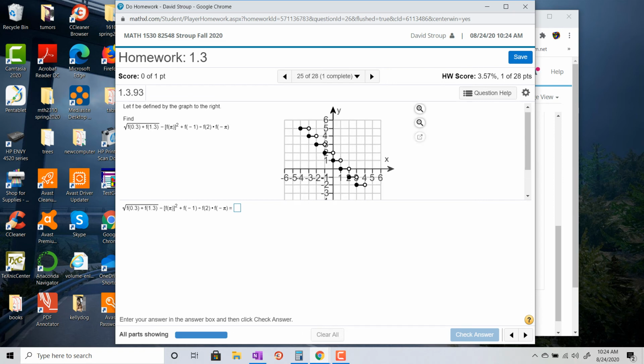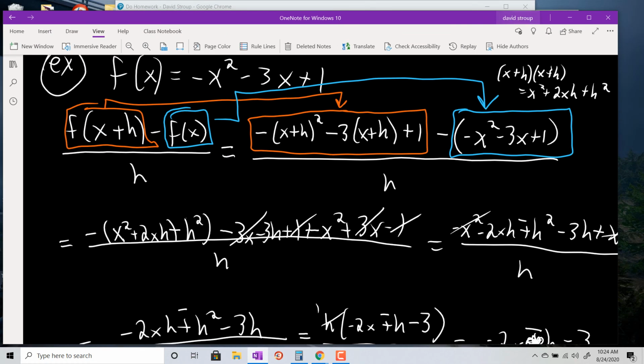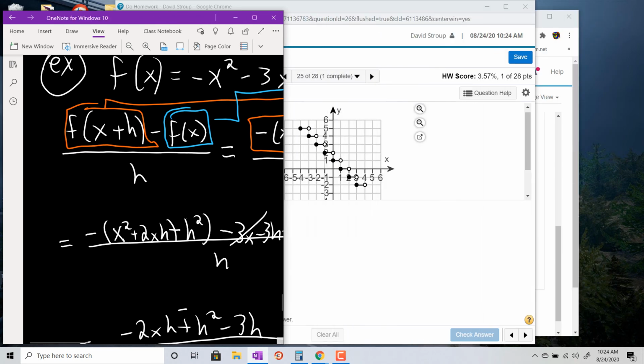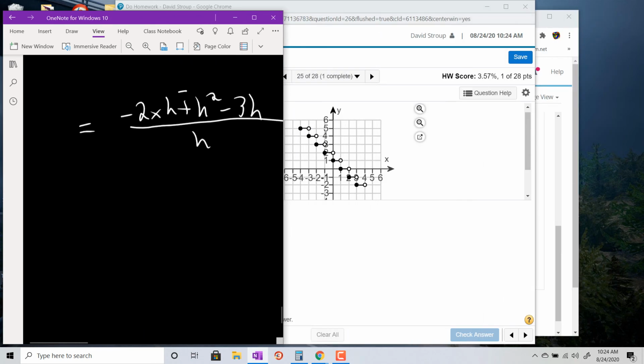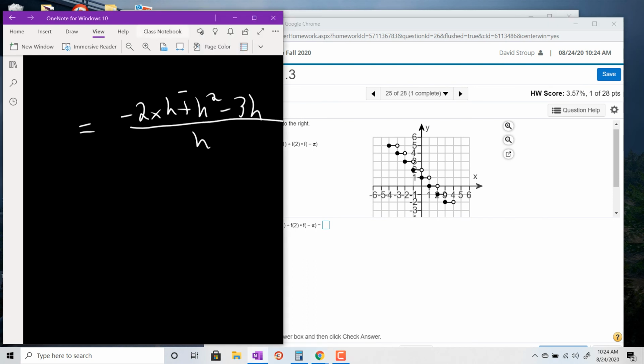You'll be required to evaluate it. For instance, I call up my page here and give me some writing area. This is a funny looking guy, and in particular, let's say I wanted to know what is f of 1.2.